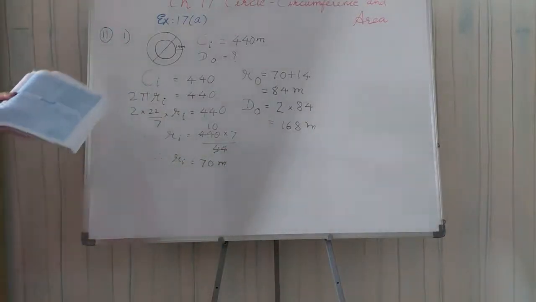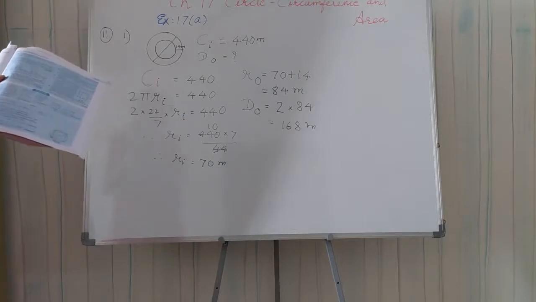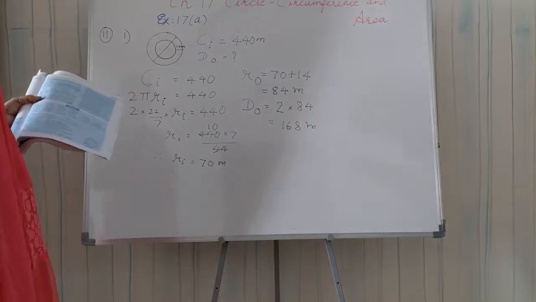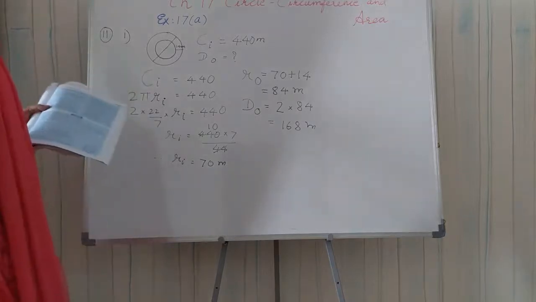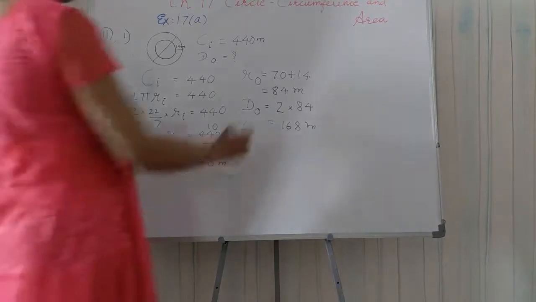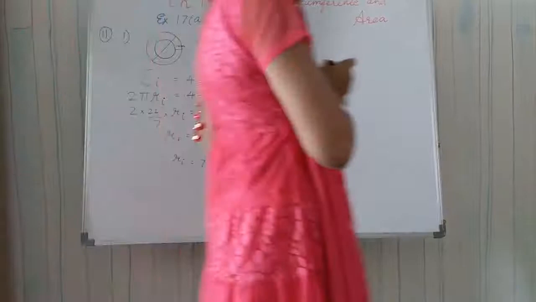Now, second part of your question number 11, the inner edge of a circular running track is 440 meter long, as we are given in the first one. If the track is 10 meter wide, okay, so the width of the track is different here. So, I am solving the second one.